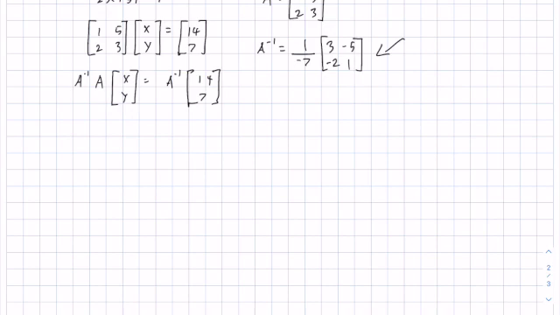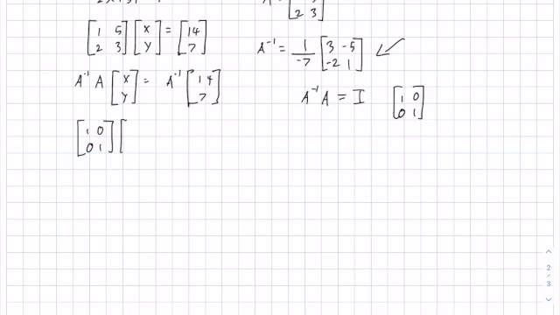Now let's solve this out. What happens if you multiply A inverse times A? If these are matrices, you get the identity matrix. The identity matrix for a 2 by 2 matrix is 1, 0, 0, 1, right? So let's put 1, 0, 0, 1.